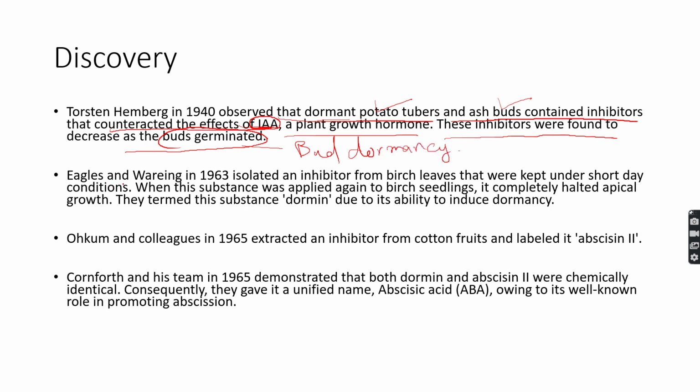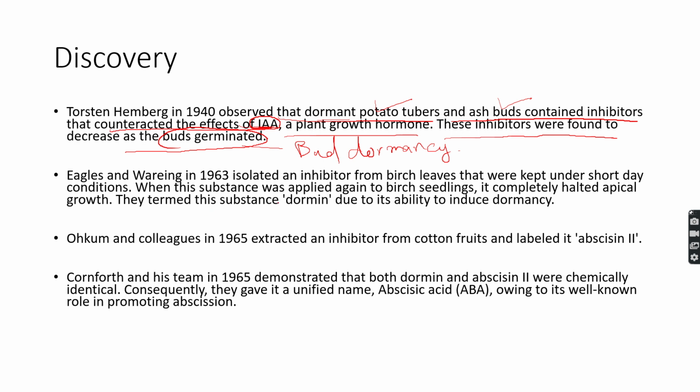Eagles and Wareing, in 1963, isolated an inhibitor from birch leaves that were kept under short day conditions. When this substance was applied to birch seedlings, it completely halted the apical growth.